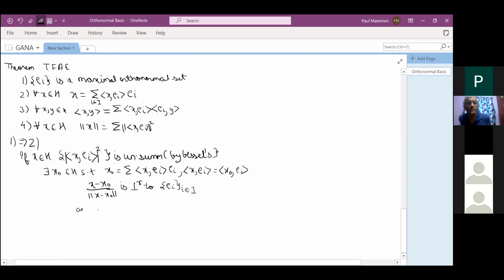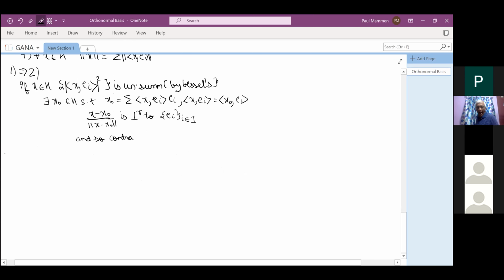And so contradiction, since introducing this other vector into this would still be an orthonormal set. And so 1 implies 2 is clear.